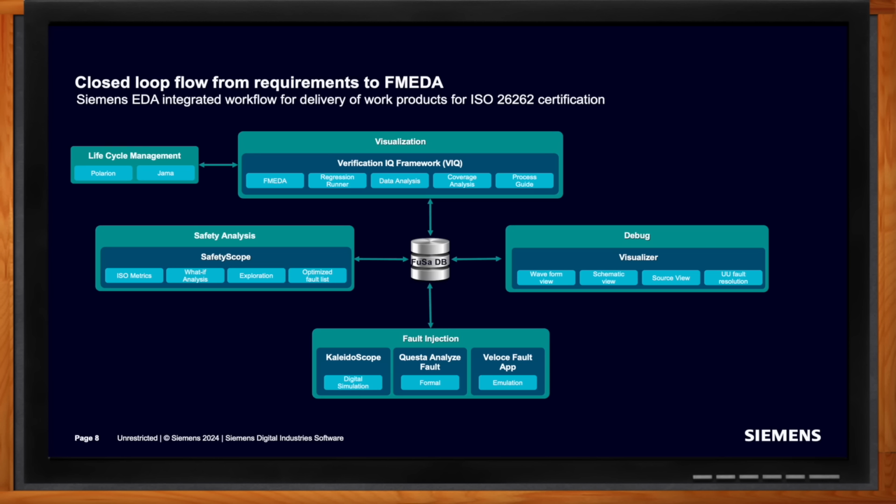And then again, you're going to have to debug. So, you're going to have to debug waveforms and you're going to have all this information available to actually do debug. So this common database allows for all of these tools in this flow to get to that information needed to complete fault campaigns for ISO 26262.